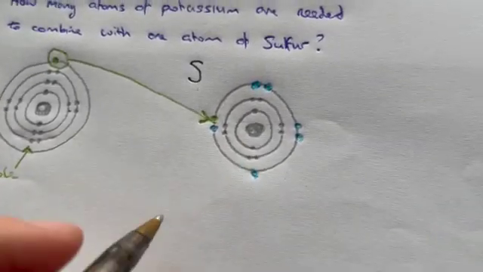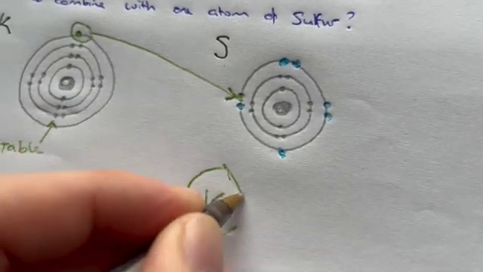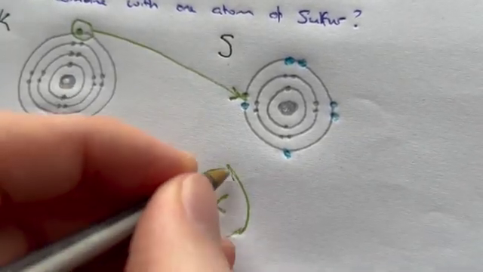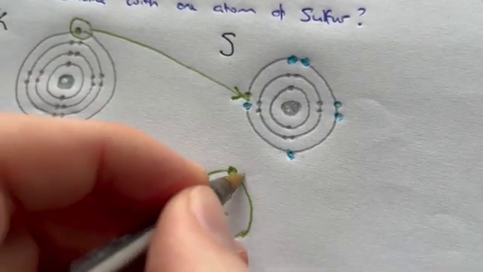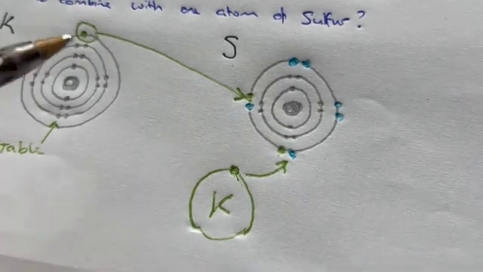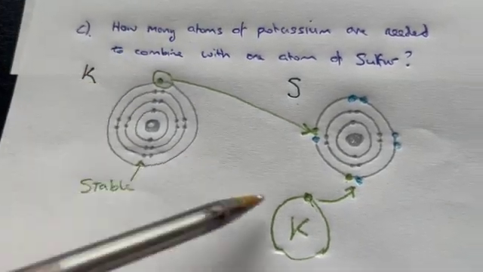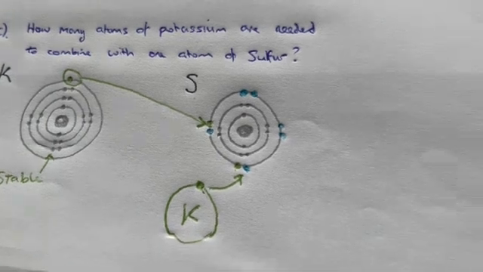And so we need a second potassium. Rather than draw all the diagram here, I'm just going to draw the outer shell with 1 electron, and it's going to give it here. So I need 2 potassiums in order to stabilize my sulfur.